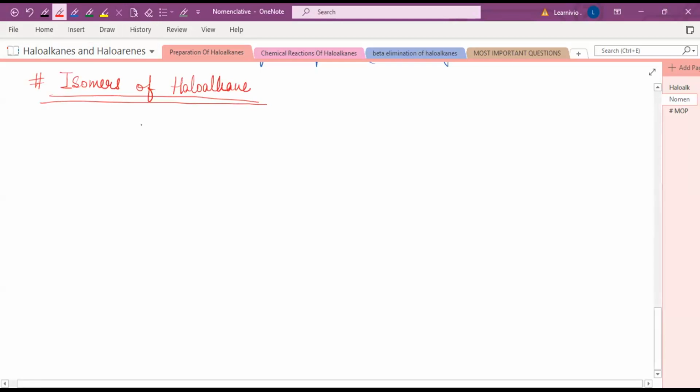Basically, isomers of haloalkanes. Now, tell me what do you mean by isomers? Do you know what isomers are? Have you heard this word earlier?